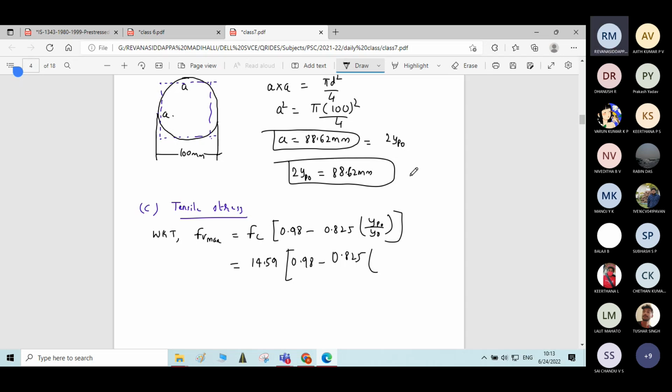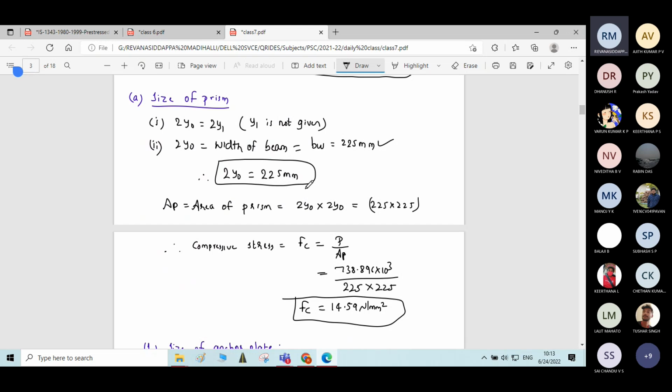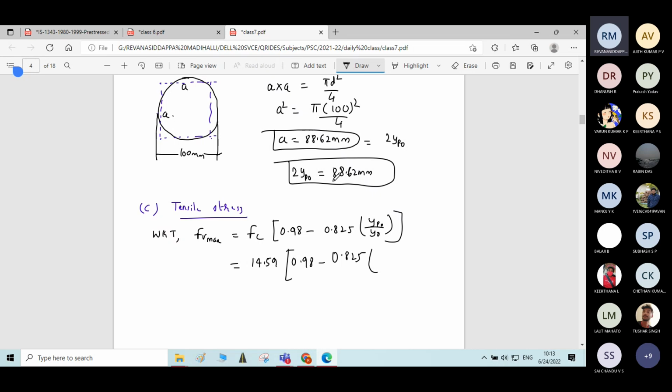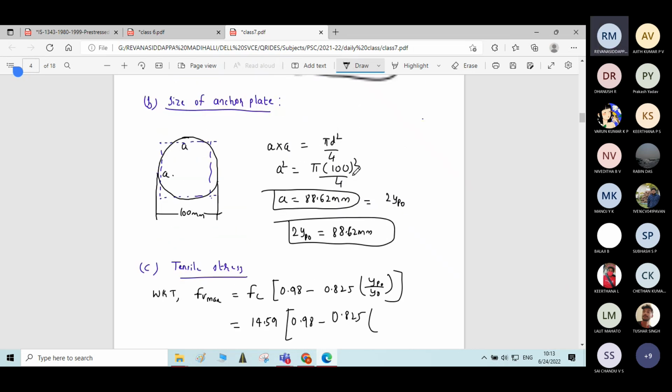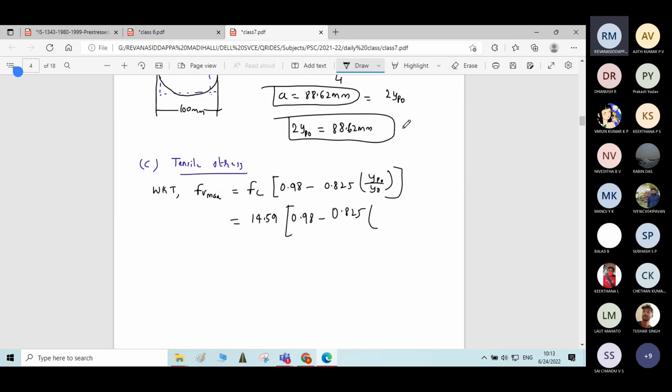Here 2 yp naught is equal to 88.62, half of it will be 44 something, and 2 y naught is 225, half of it will be some value. Instead of dividing by 2, whatever the values are, 225 and 88.6, directly substitute, you will get the same answer.